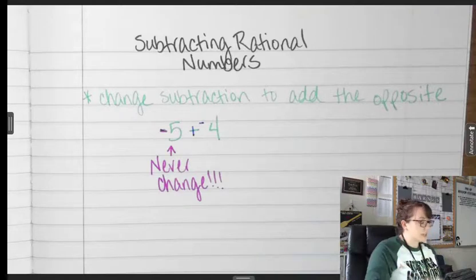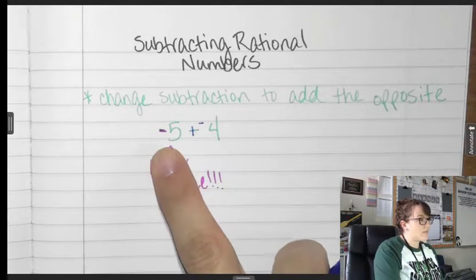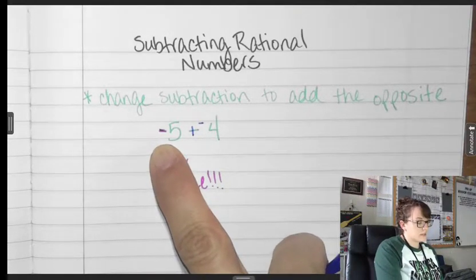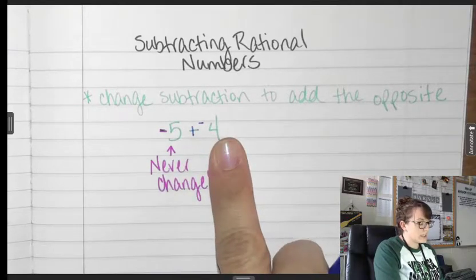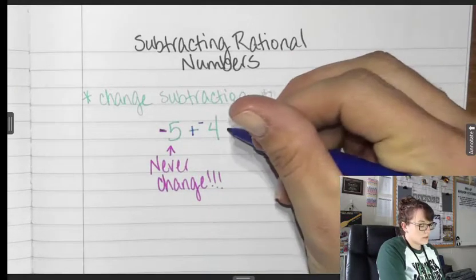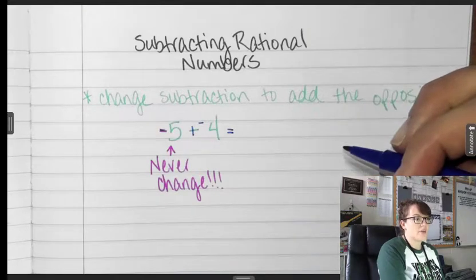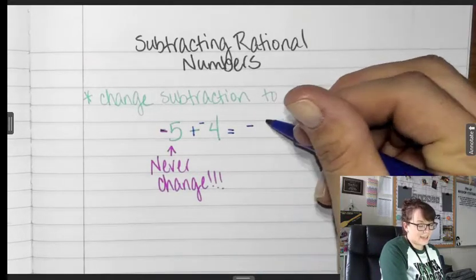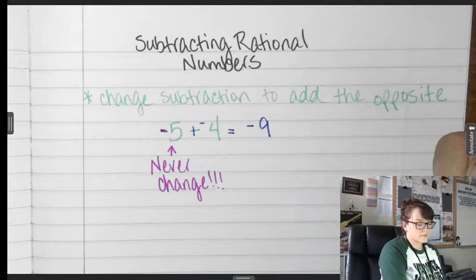So now this reads, I have 5 negatives, and I add 4 negatives. So how many negatives do I have altogether? 9 negatives.